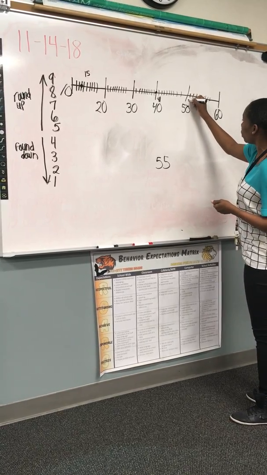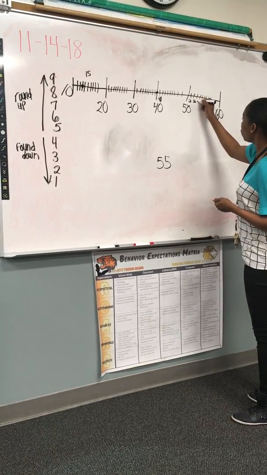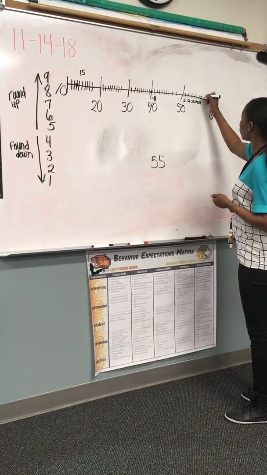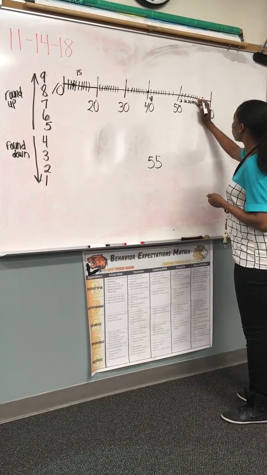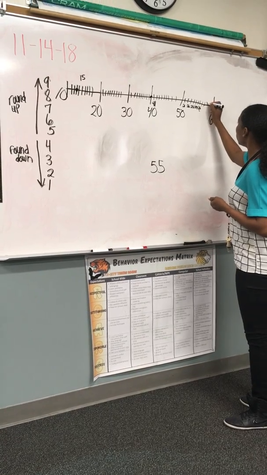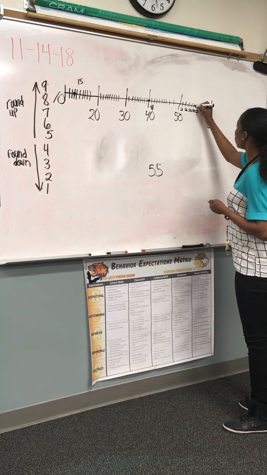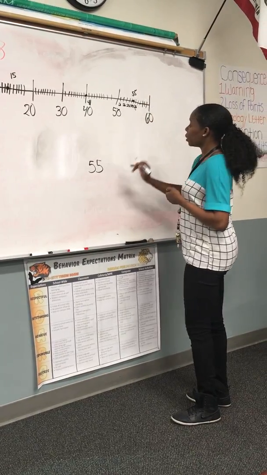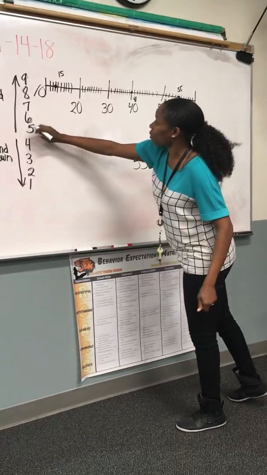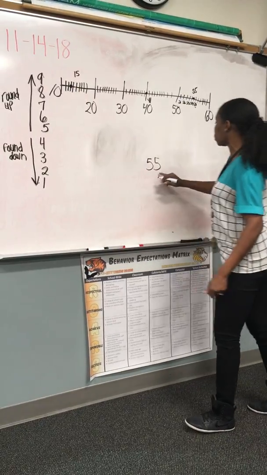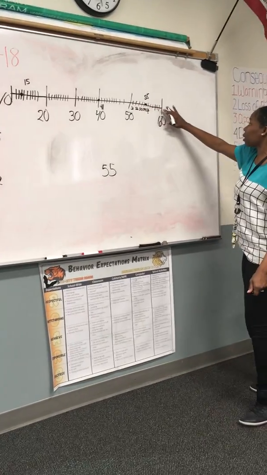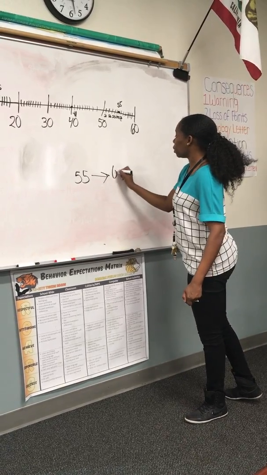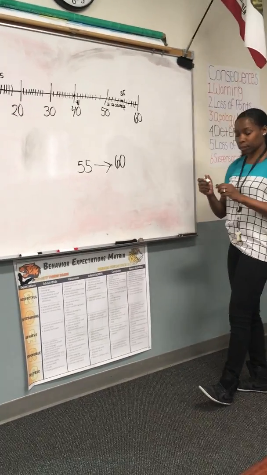So 51, 52, 53, 54, 55. So this is the midpoint. 55 is right here, and when we see the numbers 5, 6, 7, 8, 9 in the tens place, we know that we're rounding where? Up. So 55 is going to round up to 60.